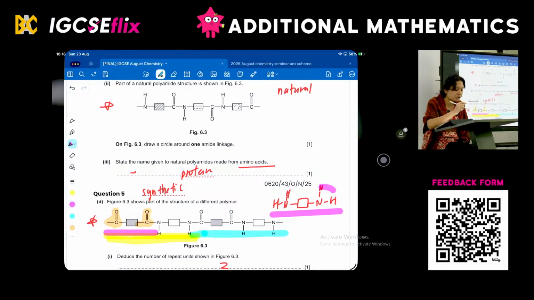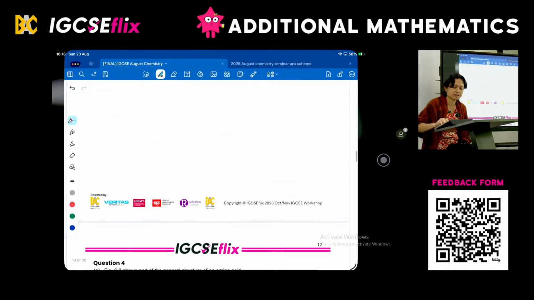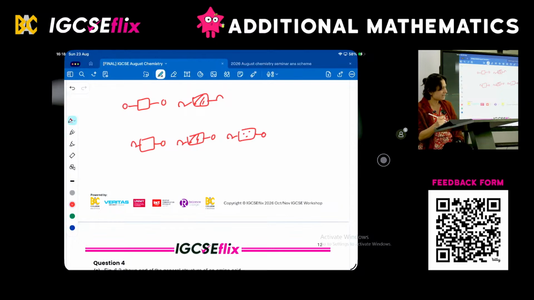For natural, go back to the concept I told you just now, hook and ring, right? Synthetic is like this, hook, ring, like that. Natural is hook, ring, like that. Hook and ring. Can you understand?